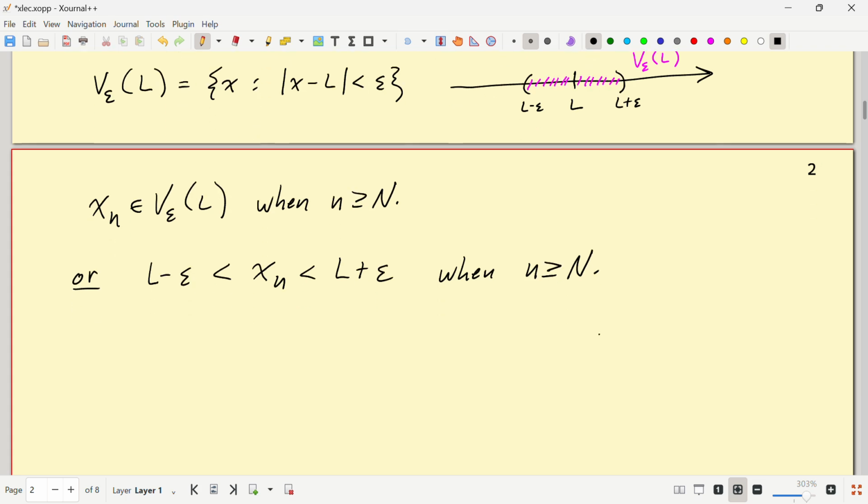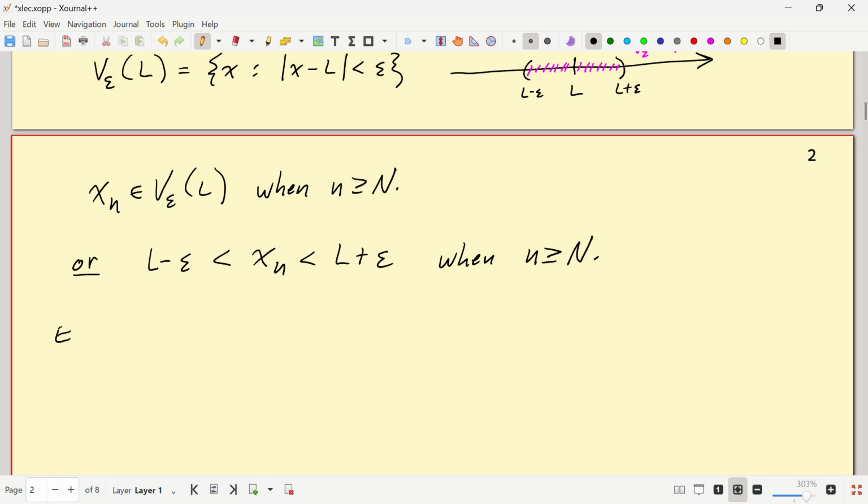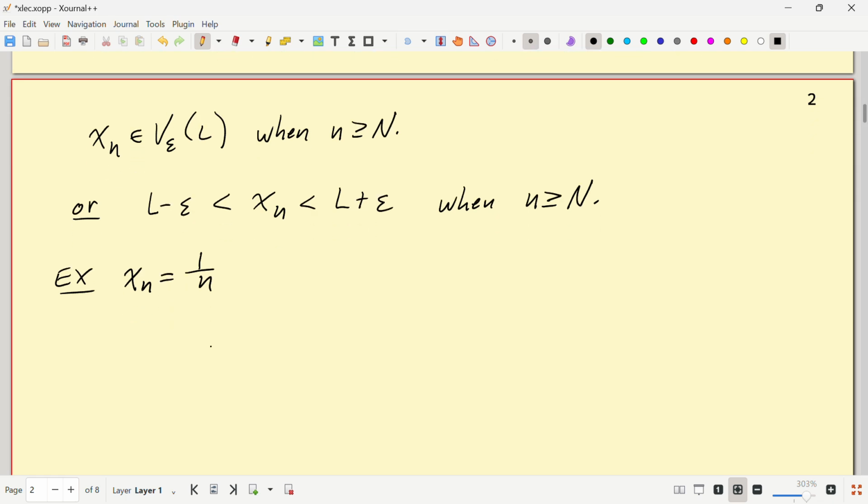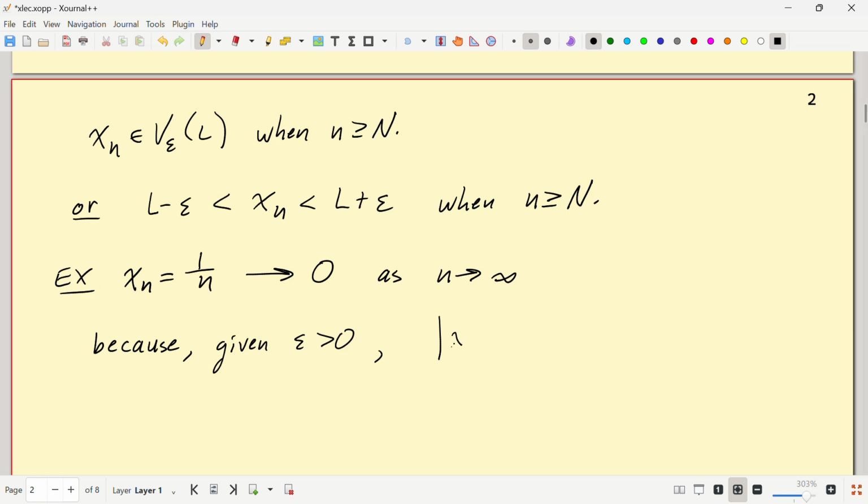Well, the classic example I mentioned at the beginning is x sub n equals 1 over n. And if I want to show that it goes to 0 as n goes to infinity, give me any epsilon. Then we would have x sub n minus the limit less than epsilon.